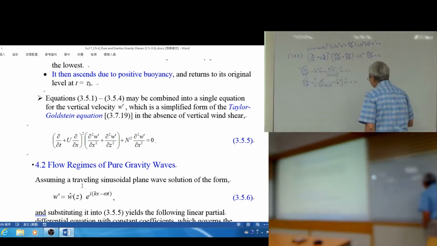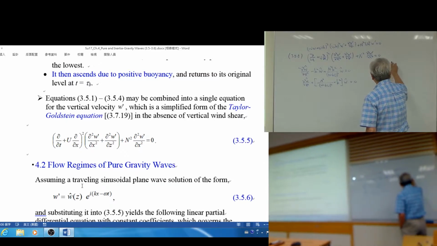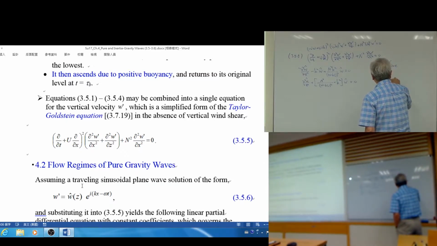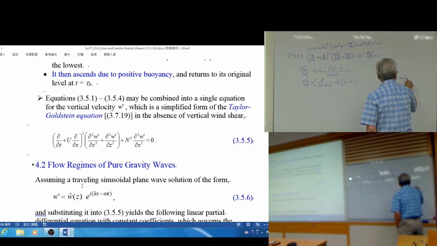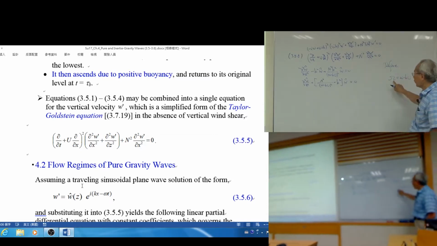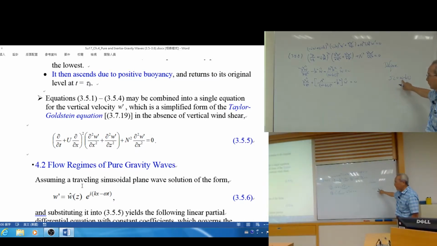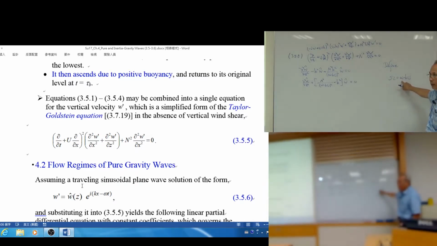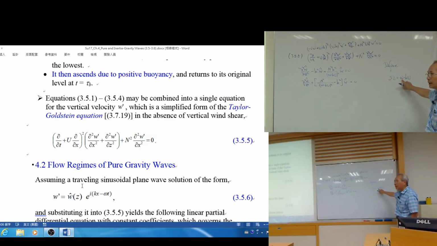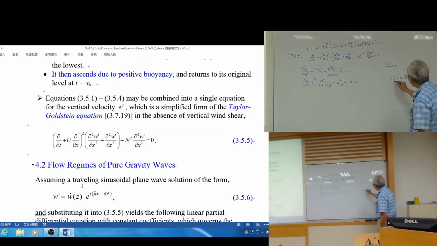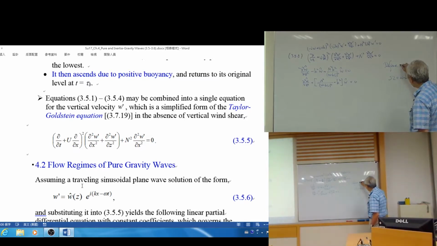Okay, so if we define capital Omega equals omega minus ku, both are omegas, this is capital and this is lowercase omega, both are Greek letters, we define this Omega as the Doppler frequency.